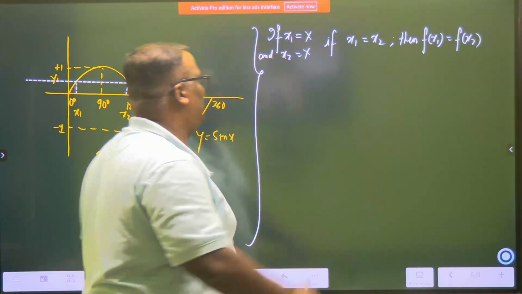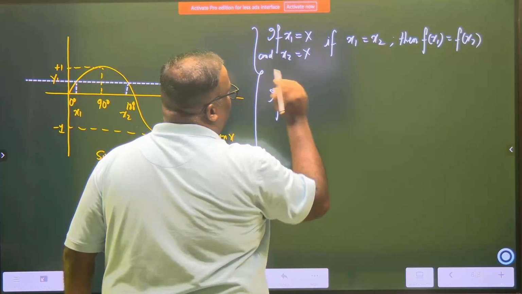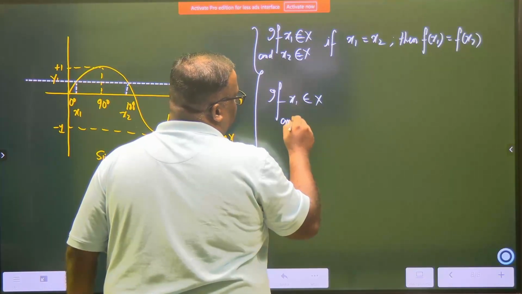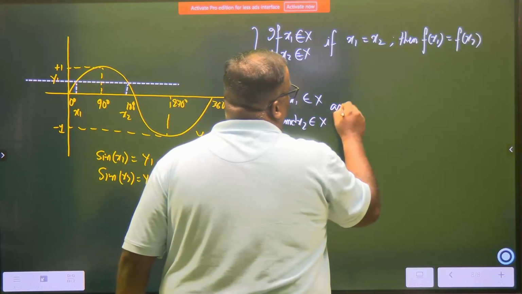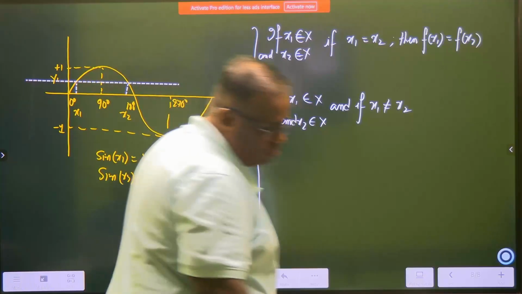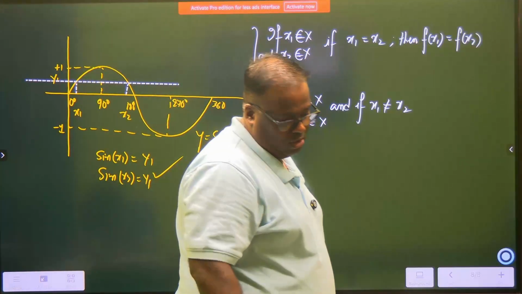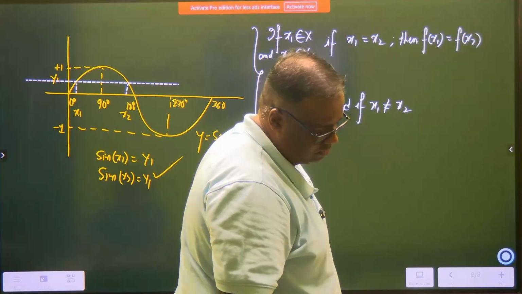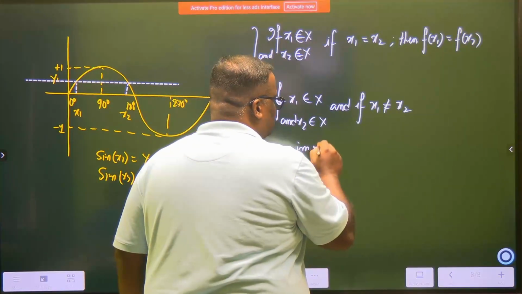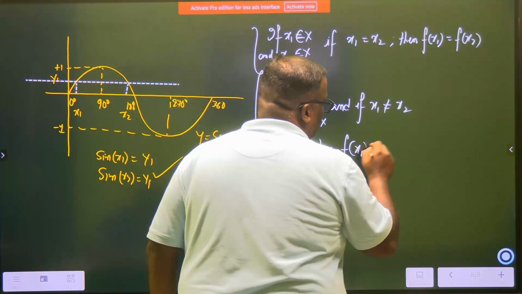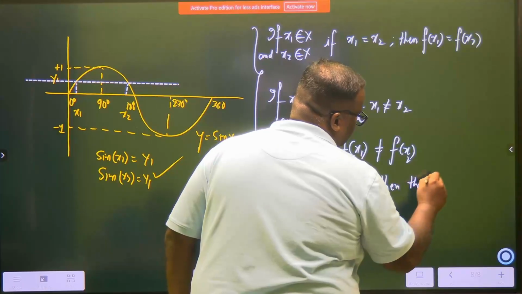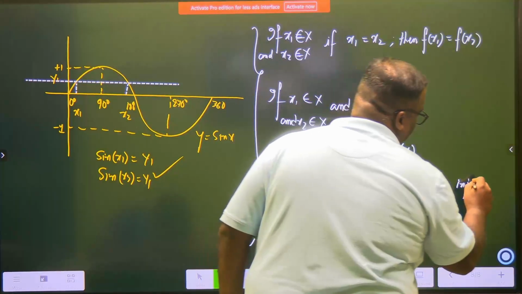Now let us see the opposite way of defining. If x1 belongs to x and x2 belongs to x, and if x1 is not equal to x2 implies f(x1) is not equal to f(x2), then the function is injective.